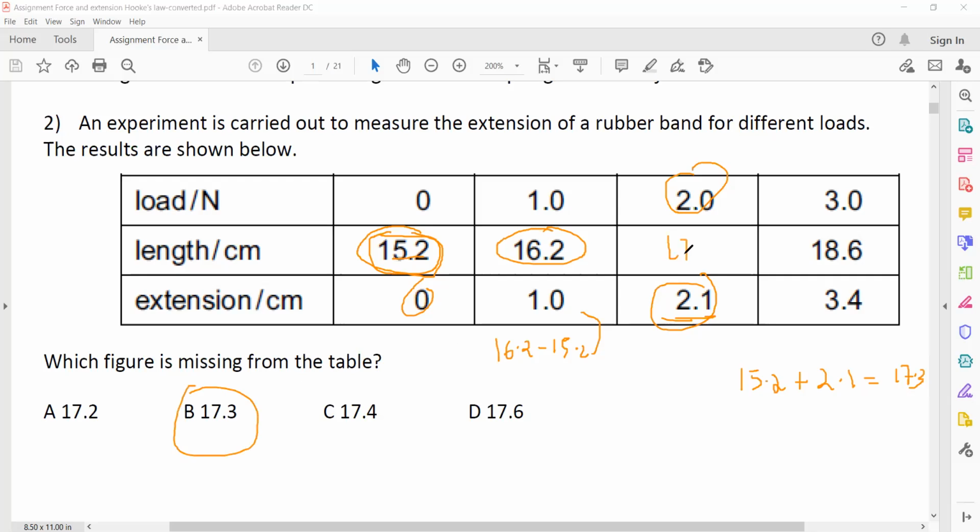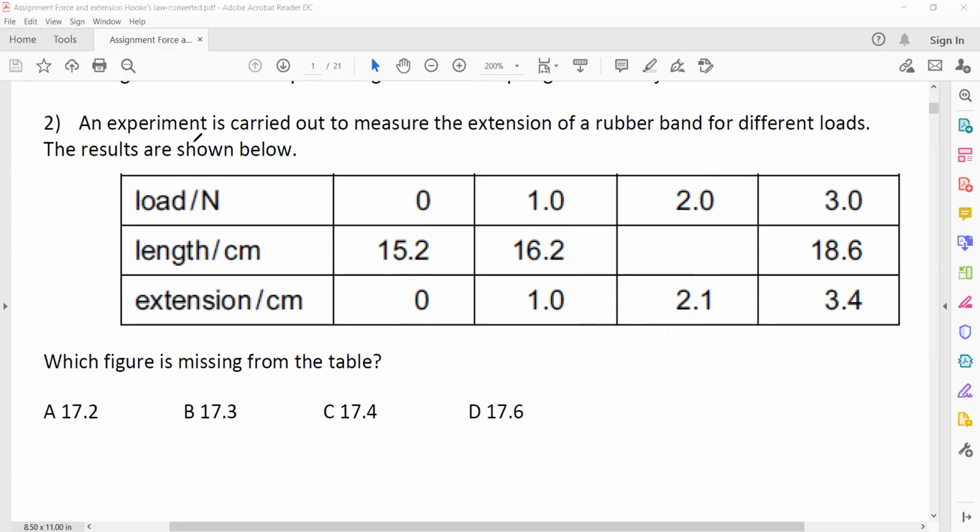Is it clear? Because we need a length. So the length of a spring is original length plus extension. We just add them to get the total length.